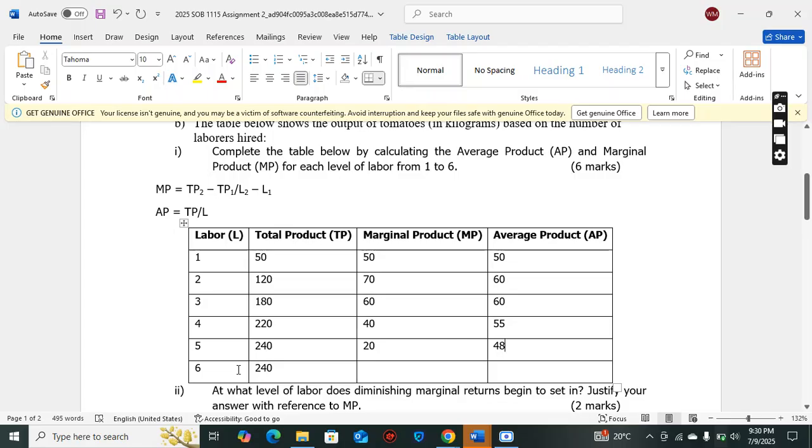Here we have the sixth worker. They haven't brought any additional produce. So marginal product, 0. Average product, 240 divided by 6, 40. Yes.